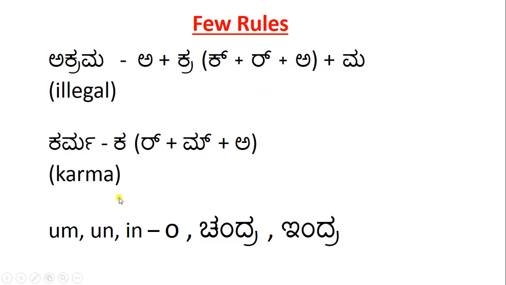The next rule is, if you have to use an, in, then we use the o. O symbol. I hope you remember where we have used o. Let us take an example. This is Chandra.